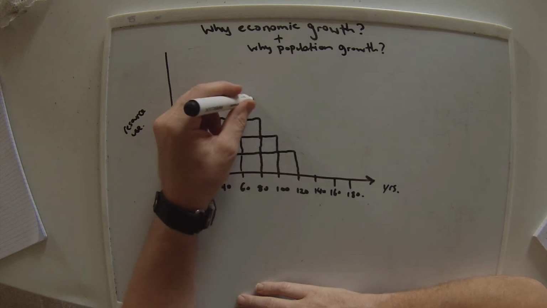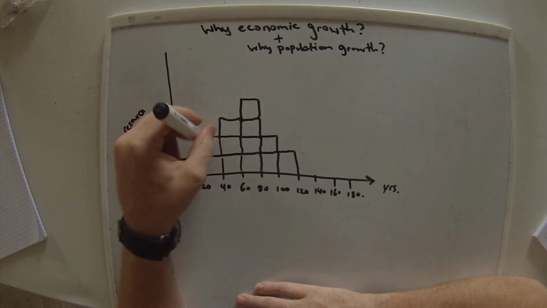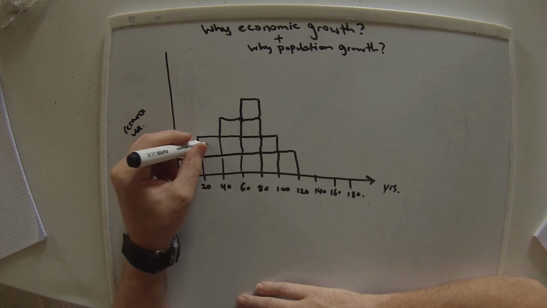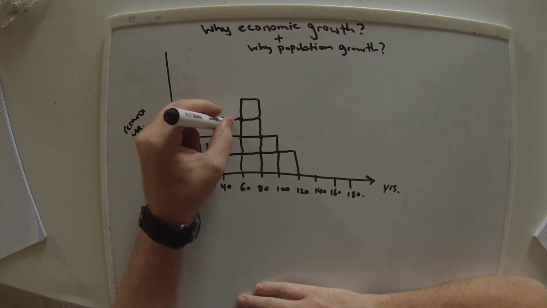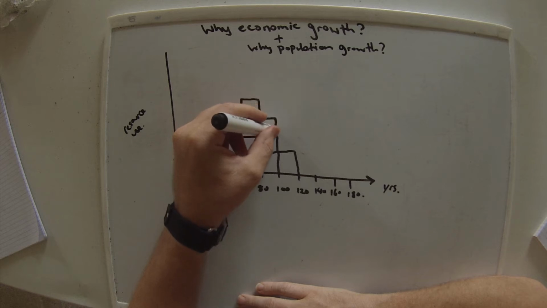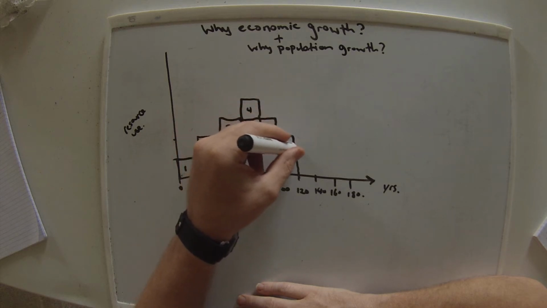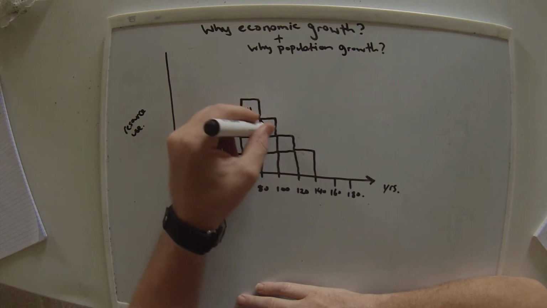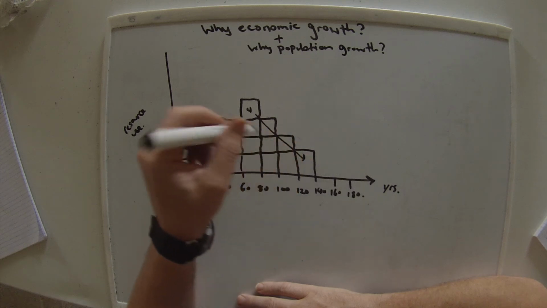Another person comes along, the 4th generation now, so this is generation 1, 2, 3, 4, and the rest of number 4's resource use is all down here, 4 blocks.